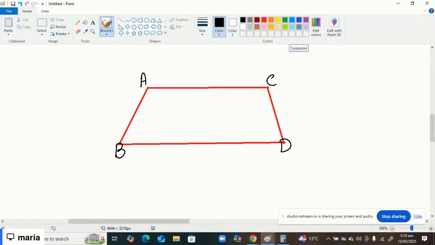So this is your AB, that is CD. Okay, AB and CD are not parallel. So we can say that these two lines are not parallel.